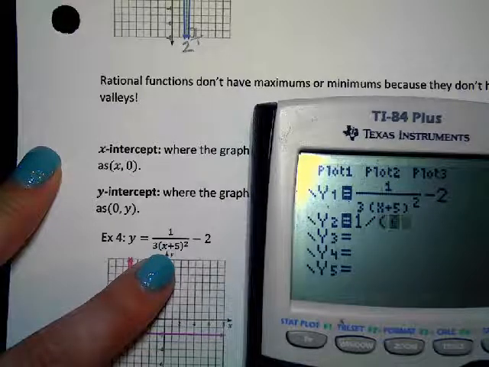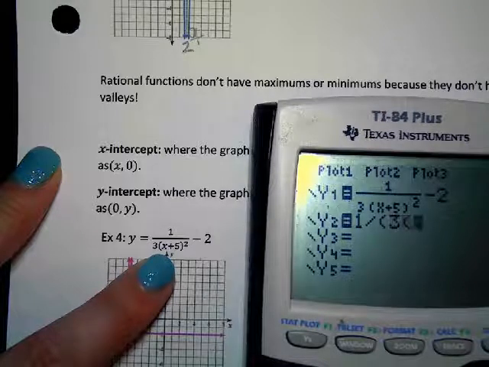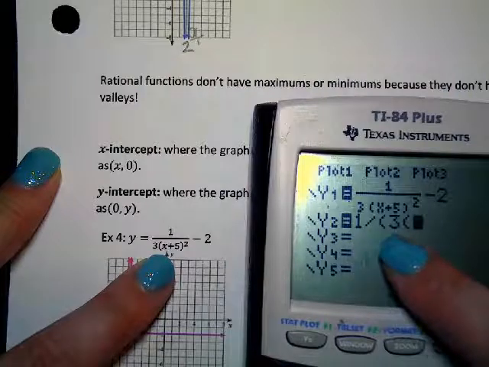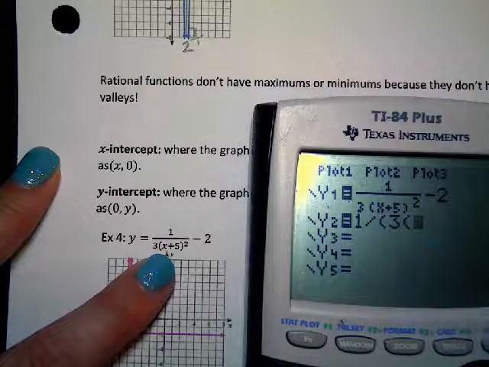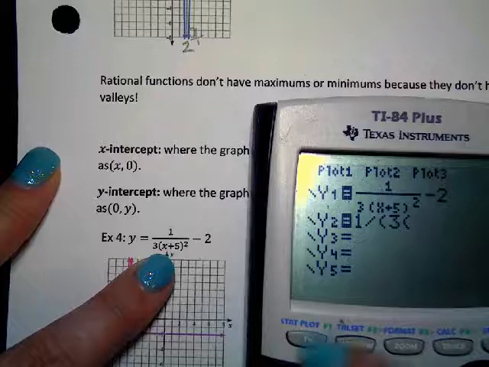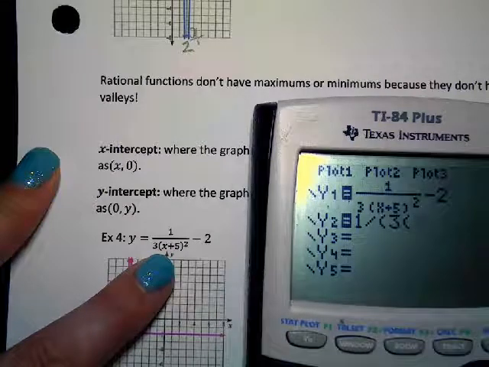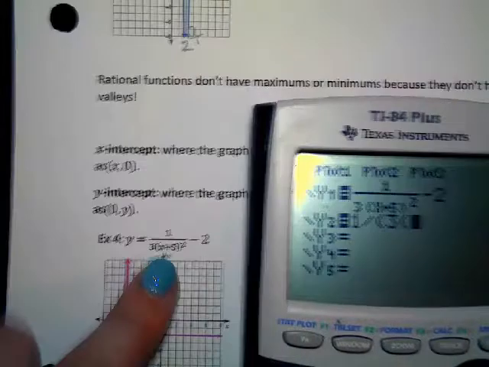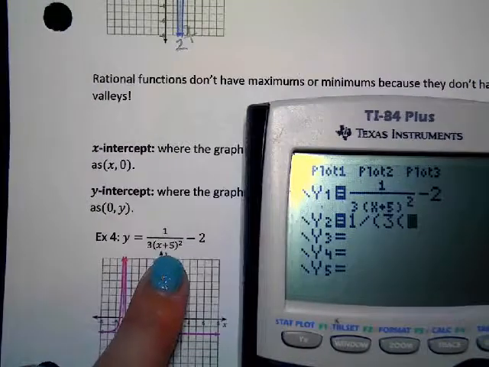Well, kind of. You're going to do one set of parentheses, hit the 3, and then like that, but you're going to have an extra parenthesis in there. You'll know that you have an older calculator if you hit alpha y equals and it did not let you put the fraction in. If you were able to put the fraction in, you can ignore me. But people with older calculators, this is how it should look when you type it.